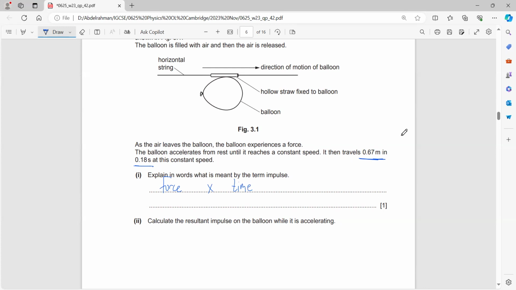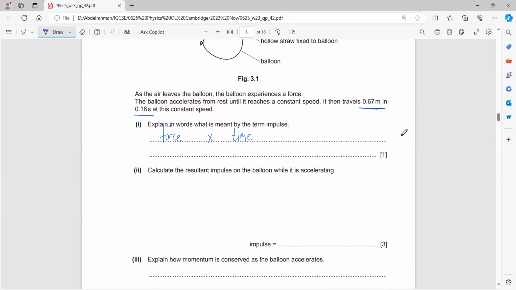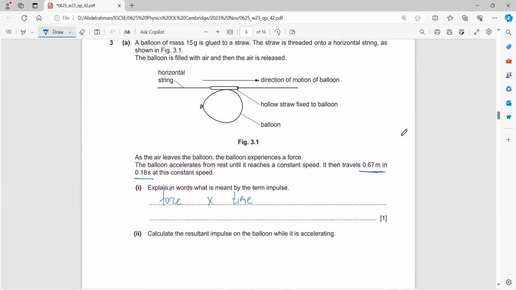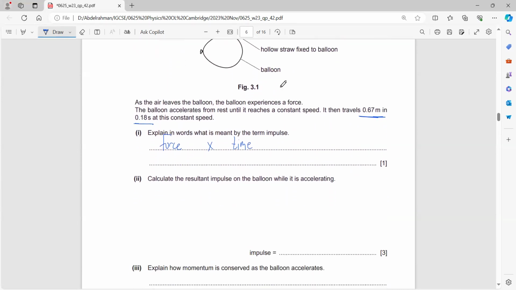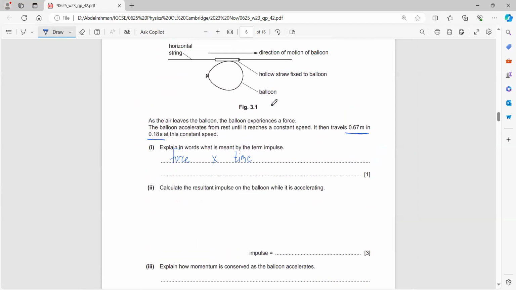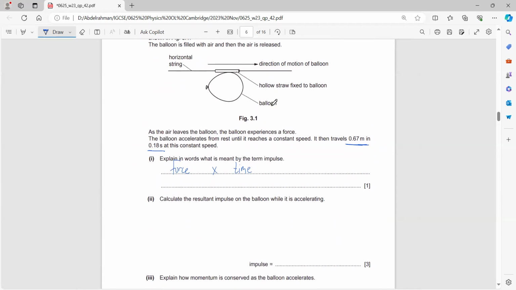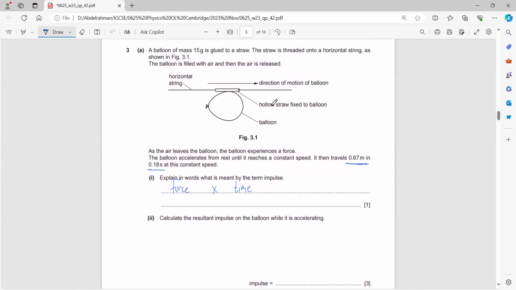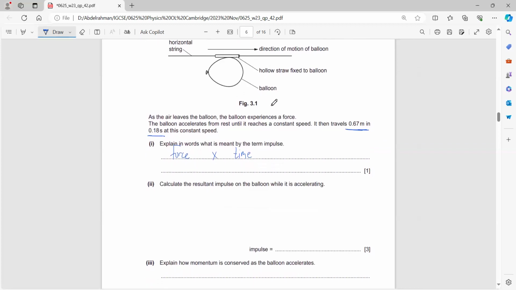Calculate the resultant impulse on the balloon while it is accelerating. How can I find the resultant impulse? You said force times time. Do I have the force? Oh, you said it's the change in momentum. So we can use the mv minus mu equation.